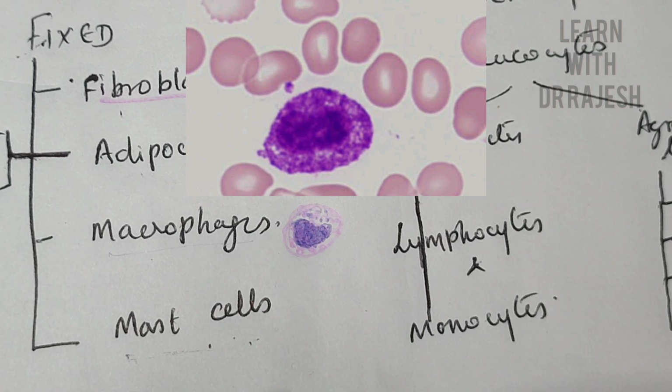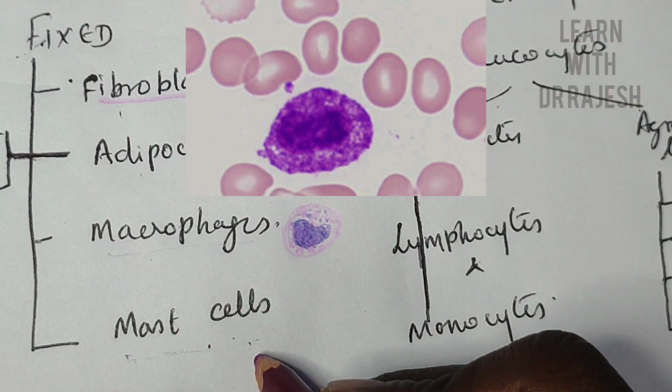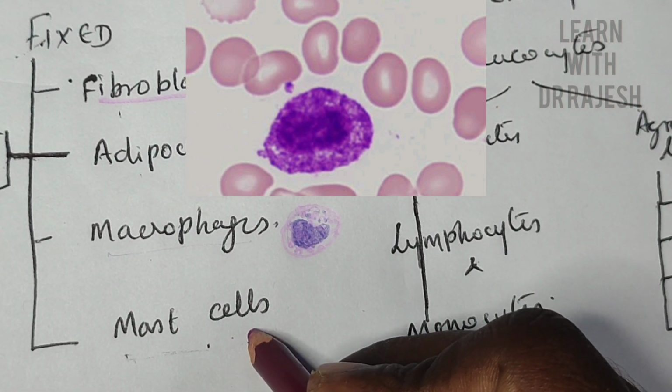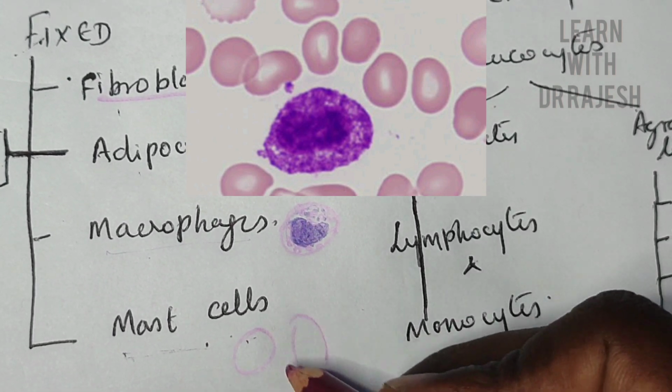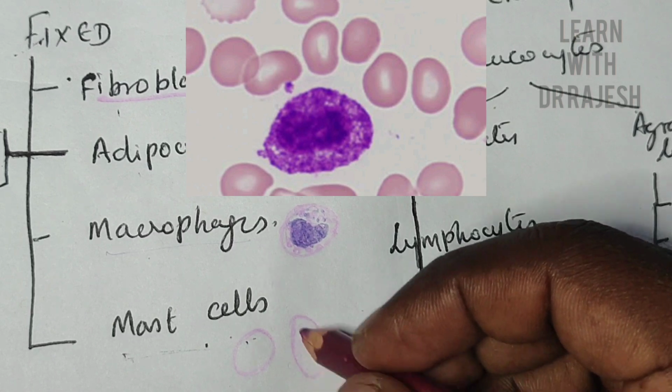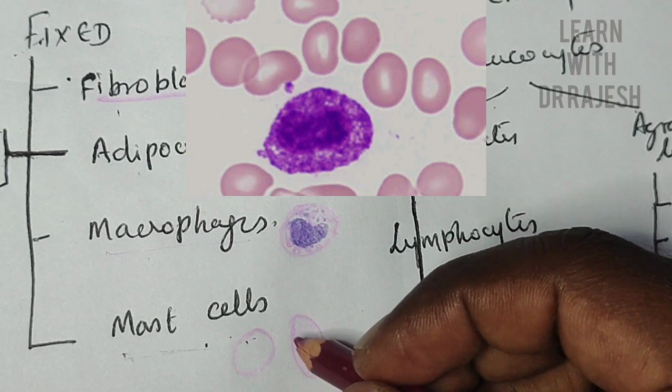So the histamine production is mainly stimulated by the eosinophils. So how to draw mast cells? Mast cells are small, rounded or ovoid in appearance. It will have the cytoplasm.